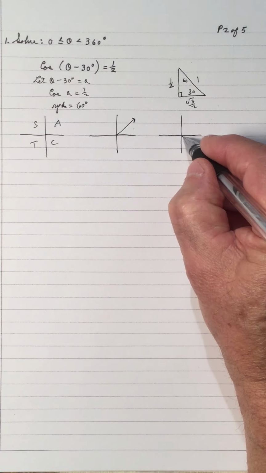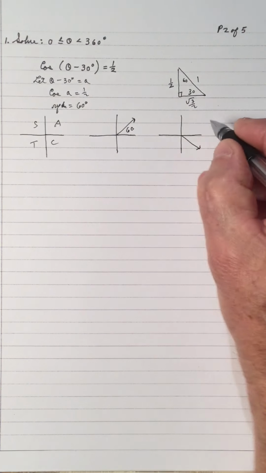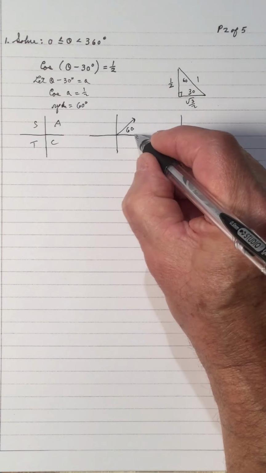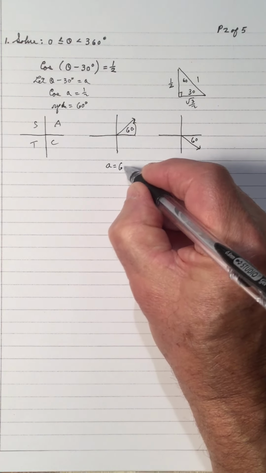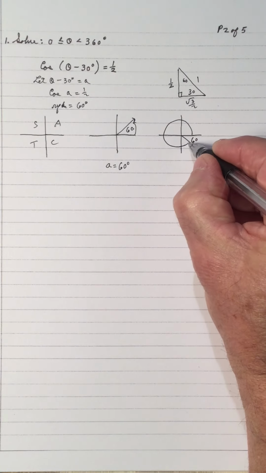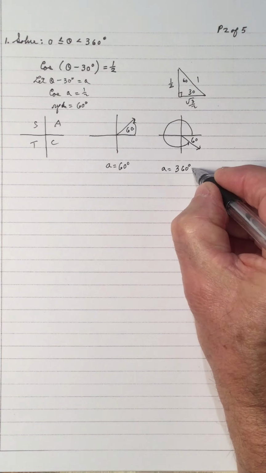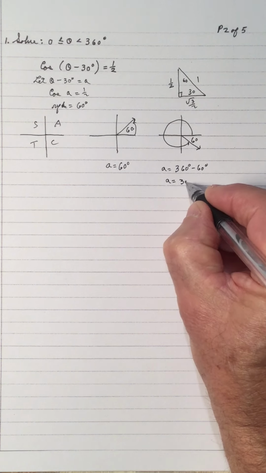So we have a reference angle of 60 in the first quadrant, and a reference angle of 60 in the fourth quadrant. The rotation in the first is A is 60 degrees, and in the fourth it's from the terminal arm all the way around, so A is 360 minus 60, which is 300 degrees.